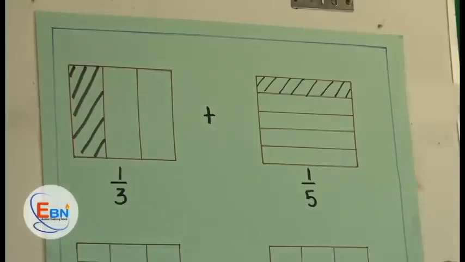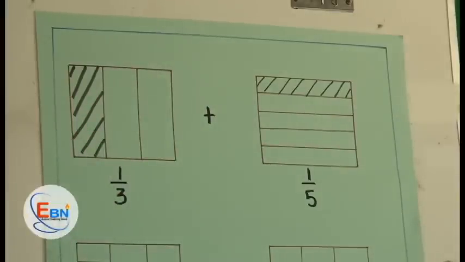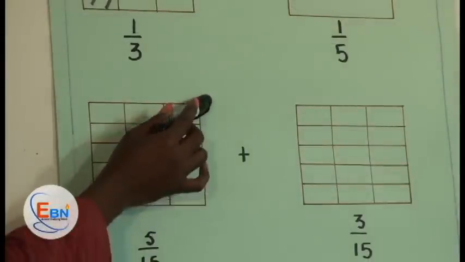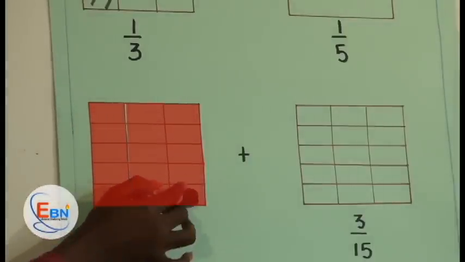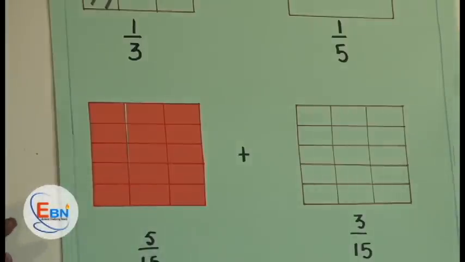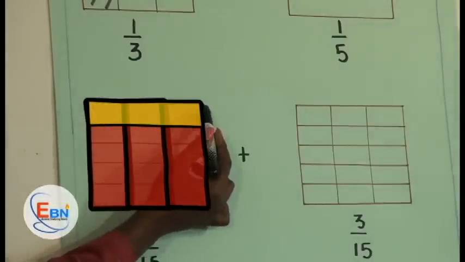Now, our fractions shown are of different fractional parts. What is key is that we need to get both pieces the same fractional parts. Now, on this diagram, we can see our thirds, and what I've actually done is to also place the fifths.